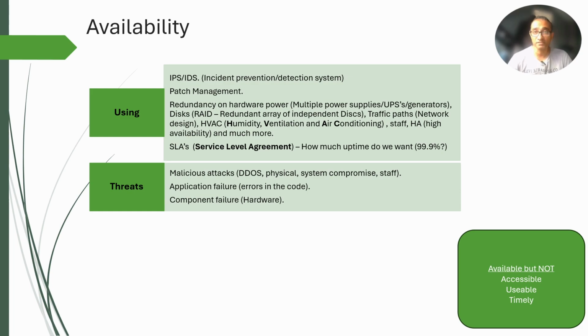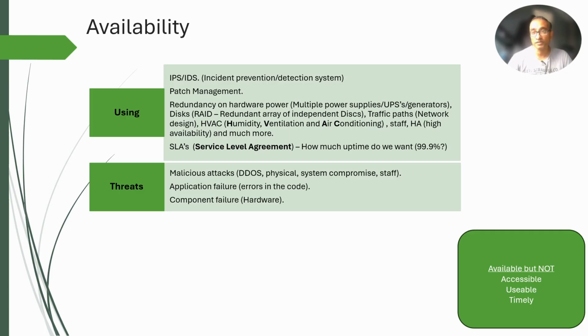What are the threats against availability? They also come in various forms and shapes, like DDoS, distributed denial of service, where the availability of your system gets hampered. System compromise, that's where patching is important so that all the loopholes, all the backdoors, or the common vulnerabilities of your system are patched.